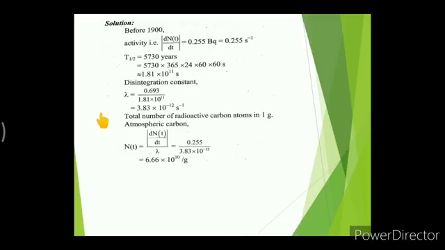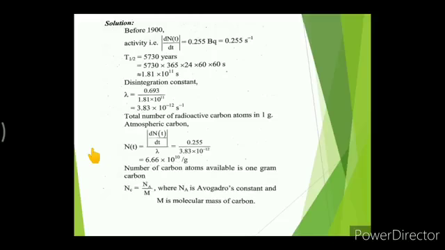As the value of dN_t upon dt is 0.255 per second, and the disintegration constant is 3.83 into 10 raised to minus 12, we get the total number of radioactive carbon atoms in 1 gram as around 6.66 into 10 raised to 10 per gram.